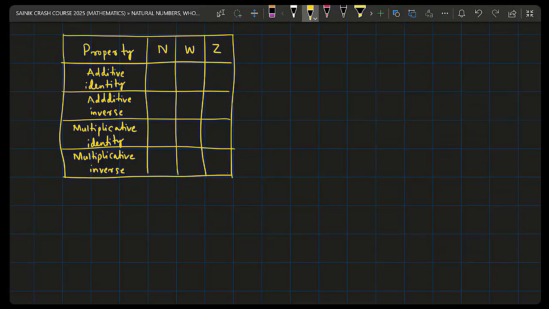Okay, first additive identity. What do you mean by additive identity? To any natural number, if you add one number, same number should come as the answer. What is that? Zero. So additive identity is zero.